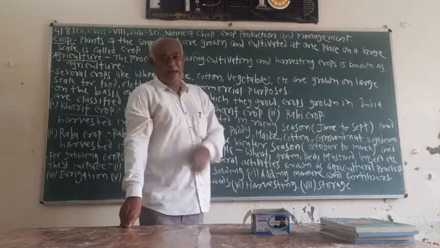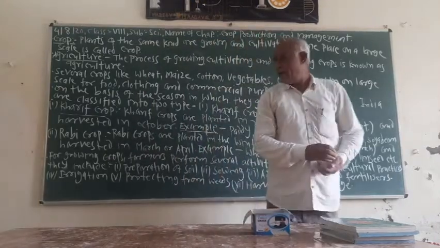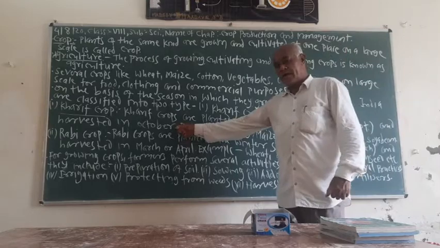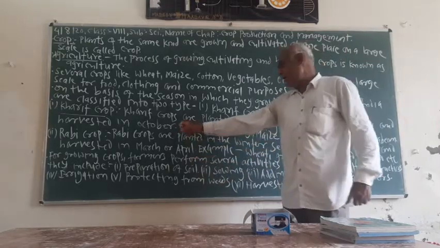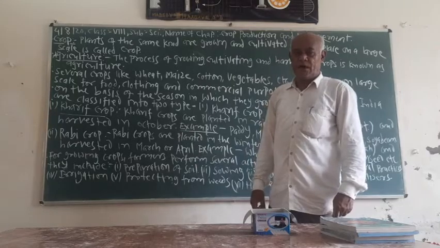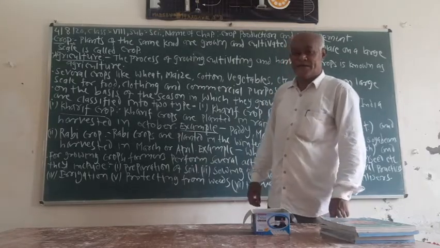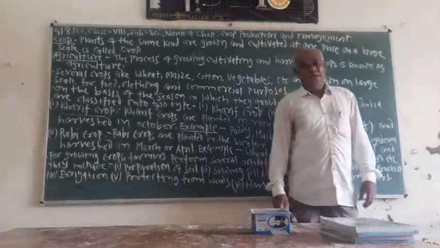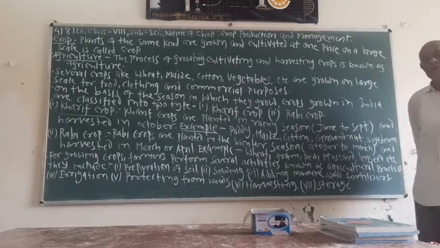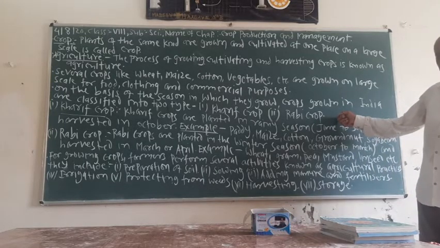The rainy season in India is generally from June to September, and the crops are harvested in October near about Deepavali. These are called Kharif crops.